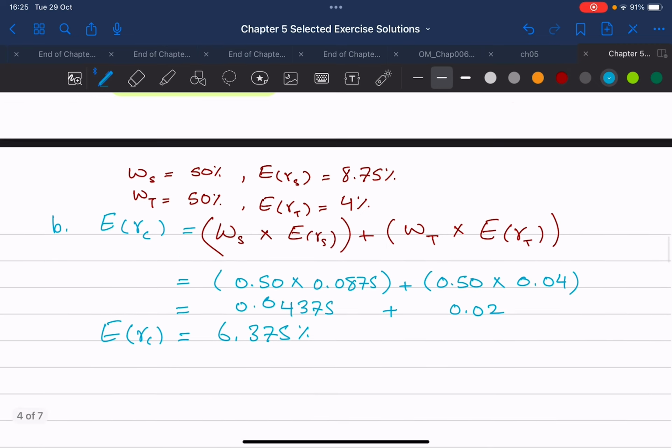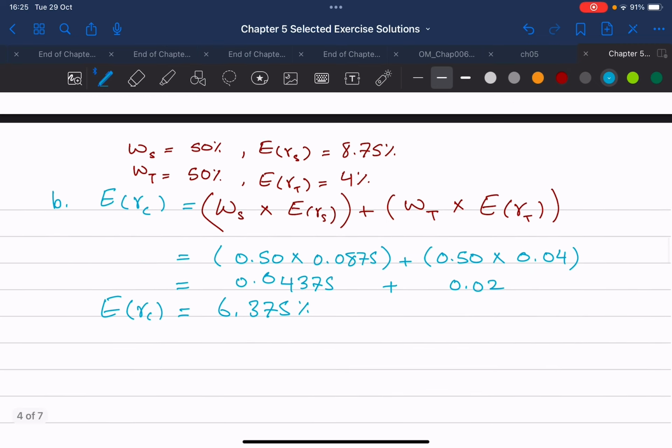Now we also need to figure out the standard deviation of the complete portfolio. And I'll write it down as a formula for you as well. The standard deviation of a complete portfolio made up of two components: business adventures stock, 50%, and 50% treasury bill.